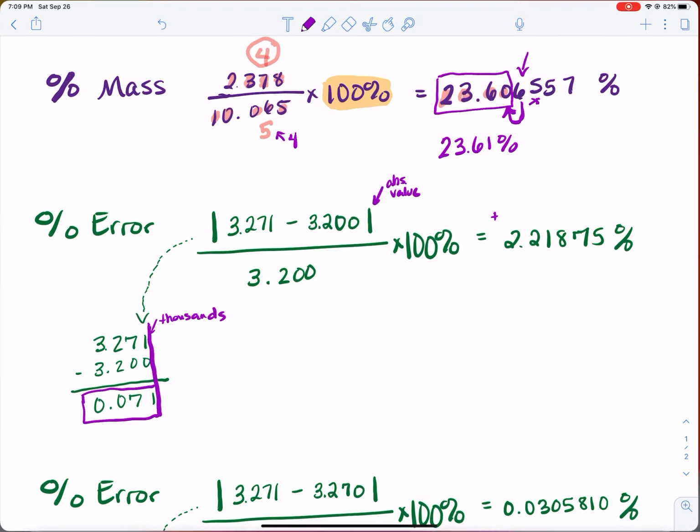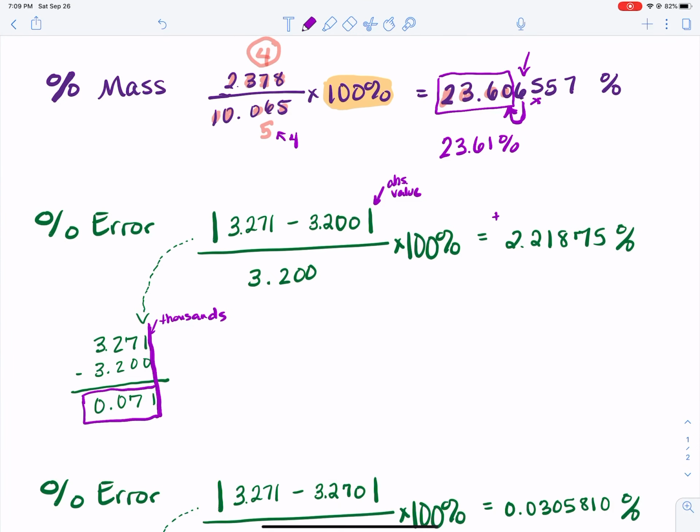So now that we know the number, now we're going to make a little note to ourselves. We're going to count it differently because we know in a minute we're going to divide. So look. It's only this number and this number that counts towards sig figs. This has 2 sig figs when we get done, and this has 4 sig figs. So when we go over and we look at our answer over here on the right-hand side, now we need to make sure that we're picking an answer that has 2, and that's because now we're dividing.